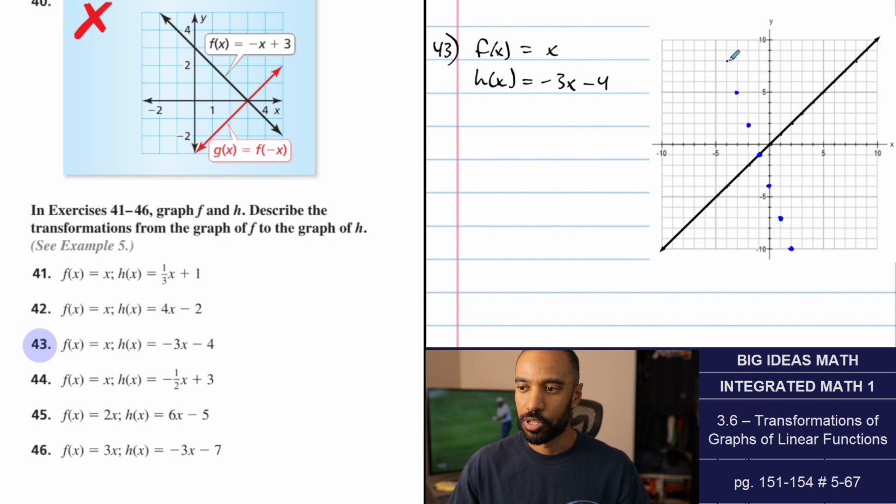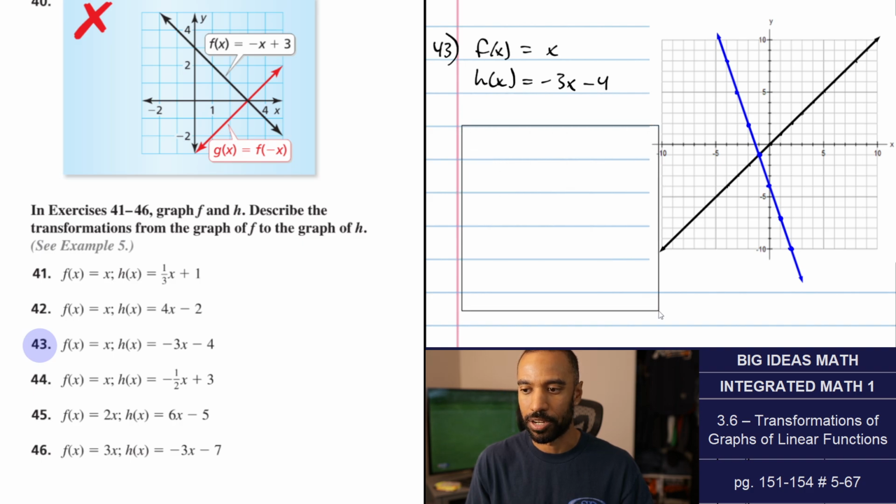But that means we have to describe one more thing with this. We do not say there's a vertical stretch by a factor of negative 3. What we have to do instead is state that there's a reflection and a vertical stretch and such. And I think I really have to shrink the font these days here.